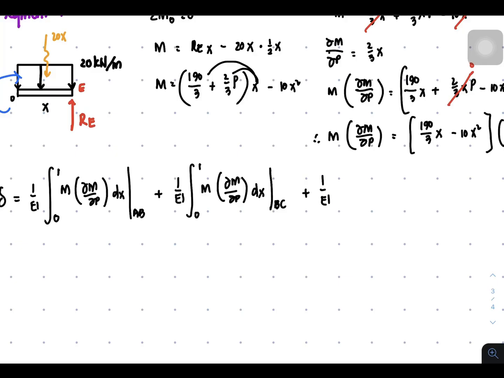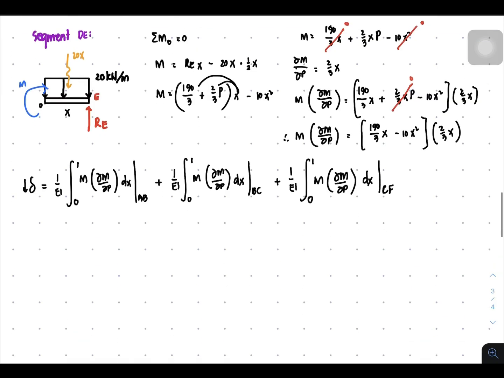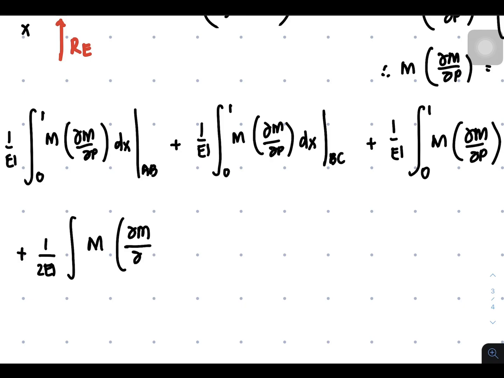And then plus 1 over EI, this is for the integral of m times the partial derivative of this function from C to F. This is 1 meter, so you have 3 meters already, and plus 1 over 2 EI, because this is for F to D, and this is 0 to 1.